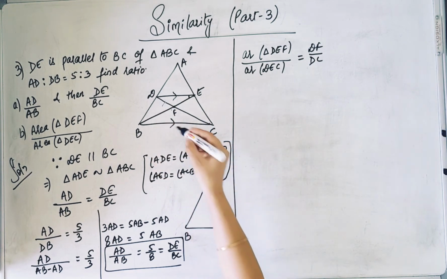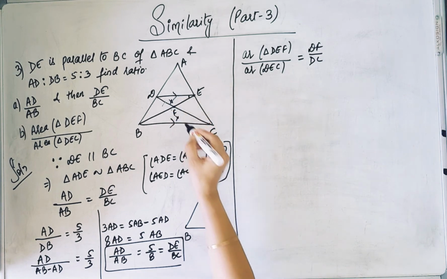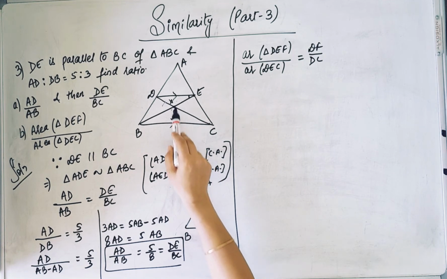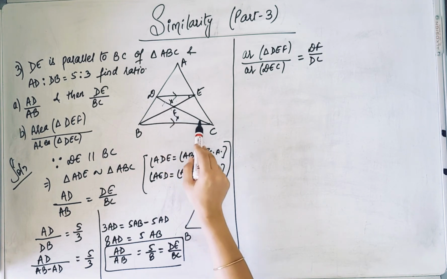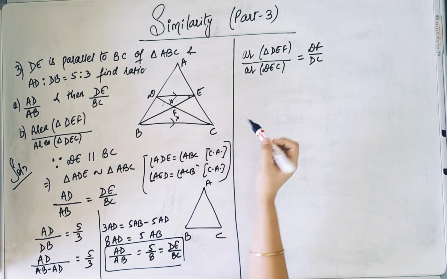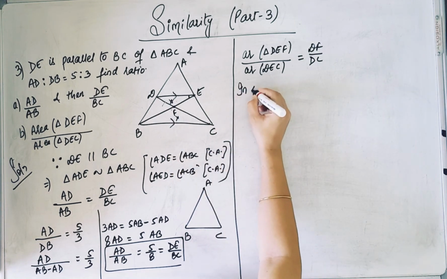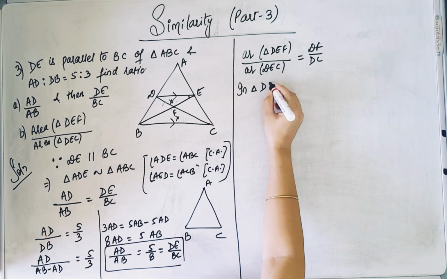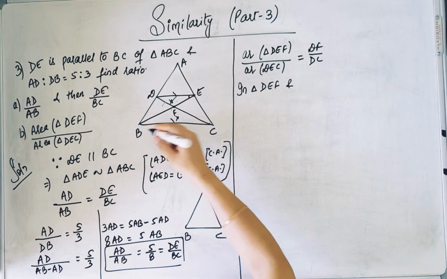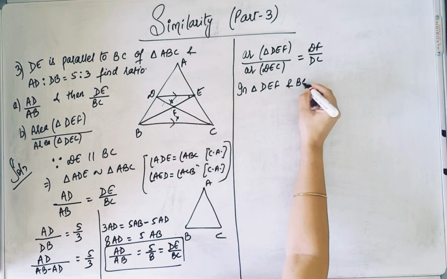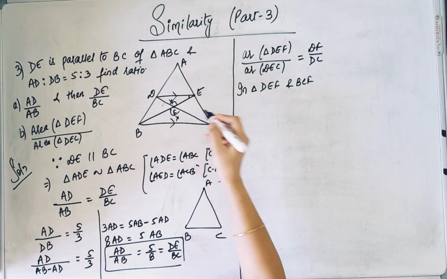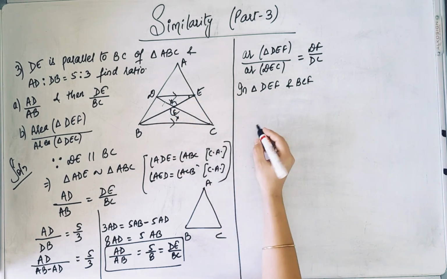So how will we calculate? We'll prove these two triangles similar, because see, DF upon FC will come here, and DF plus FC, if we add, we will get DC. So what will we do to these two triangles? Similar. So in triangles DEF and BCF, we can prove this is equal to this, vertically opposite, and this angle to be equal.